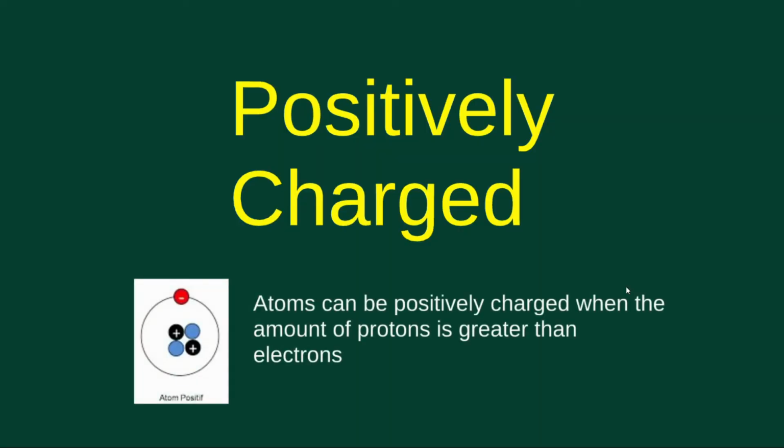So we've already learned about objects that are positively charged. What does that mean? Atoms can be positively charged when the amount of protons is greater than electrons, or we can say that atoms lose electrons.